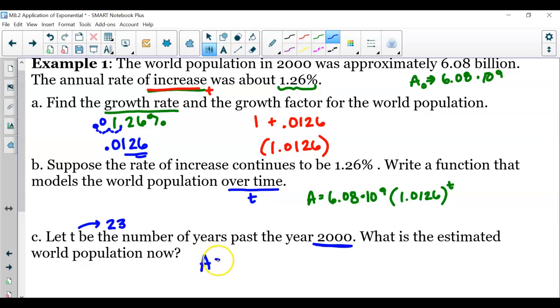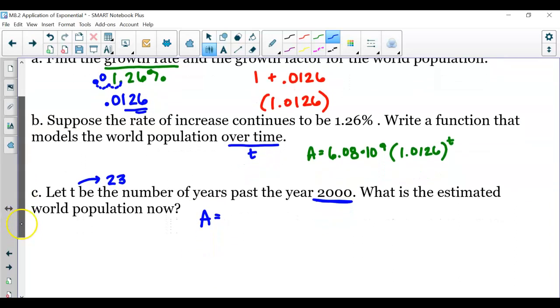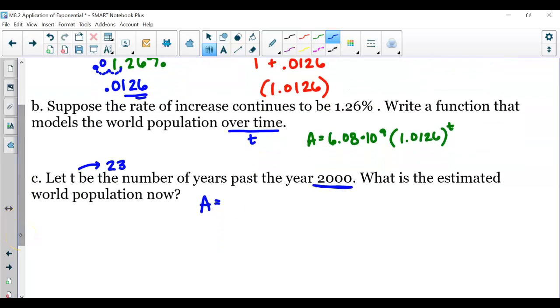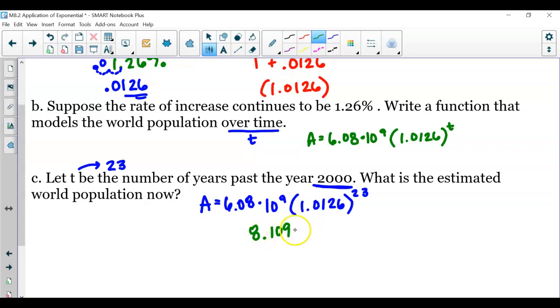A is equal to, because we're looking for the final, the original, 6.08 times 10 to the ninth, times that factor of 1.0126, raised to the 23rd power. Putting that in the calculator, you get that the final population would be approximately 8.109, rounded here, times 10 to the 9th power. So that's the approximate amount of people.